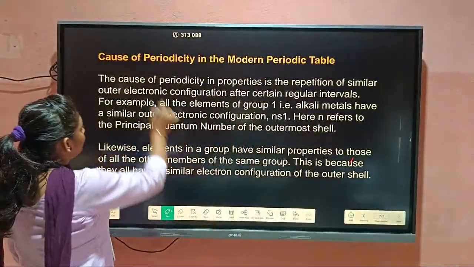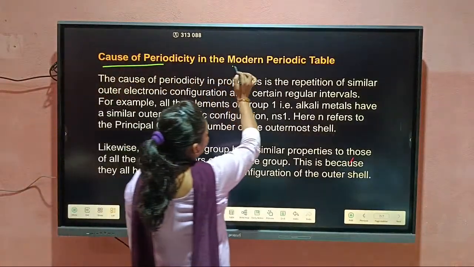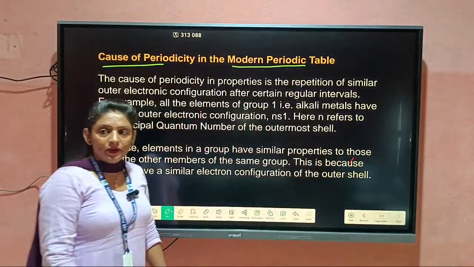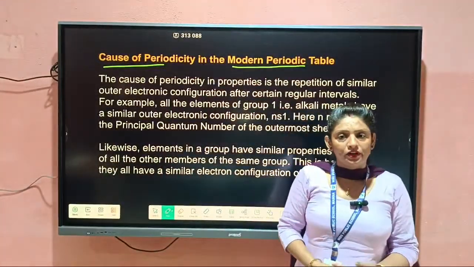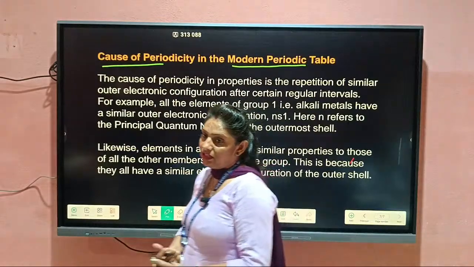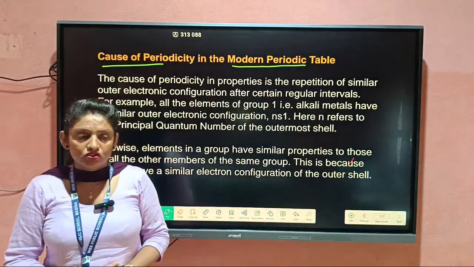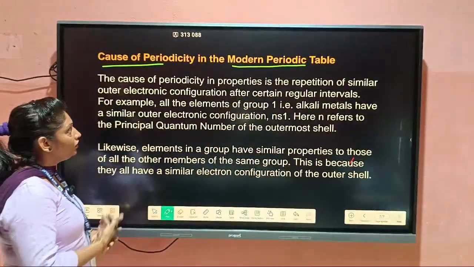Now, the cause of periodicity in the modern periodic table. Properties are a periodic function. Why are they going to repeat? Why does periodicity take place? So what is the cause of periodicity? We will see.